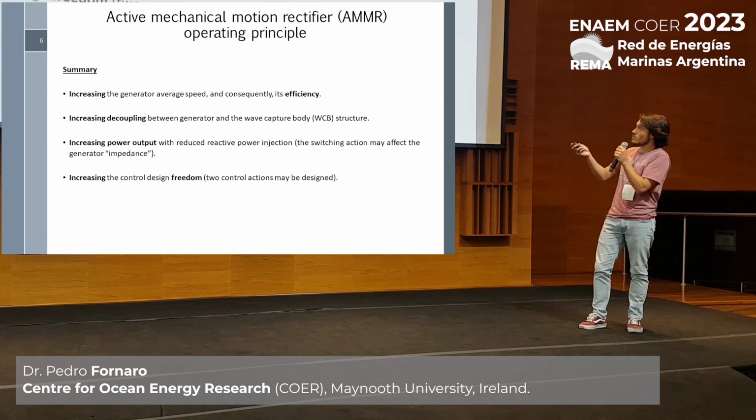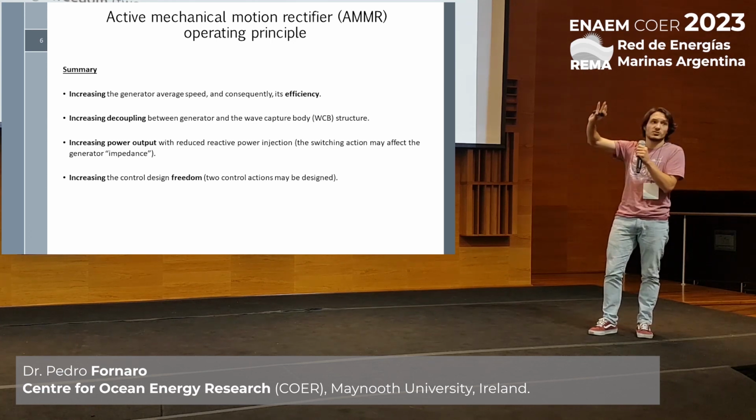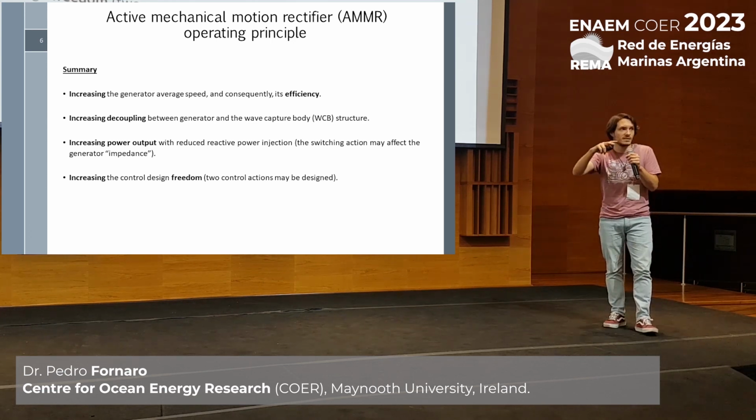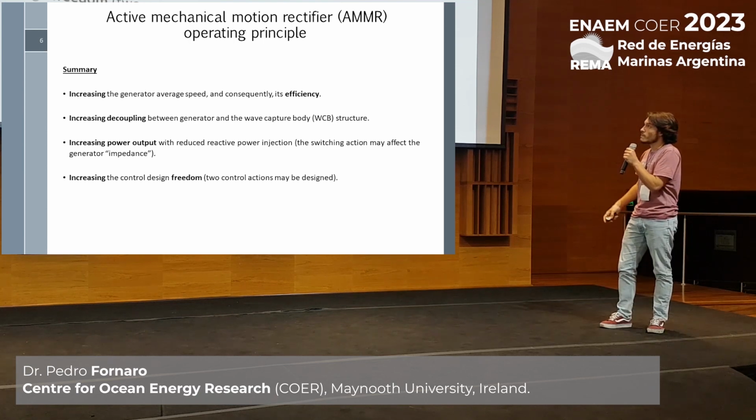So one of the key points here, as you can see, the first item is increasing the generator's efficiency by increasing its average velocity, as I mentioned before.